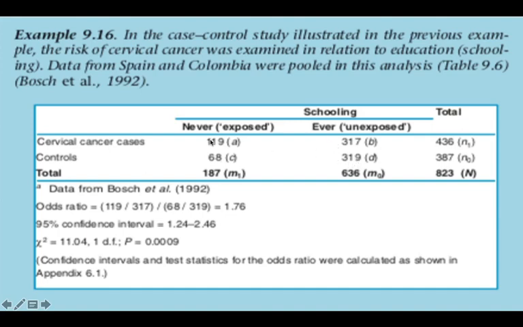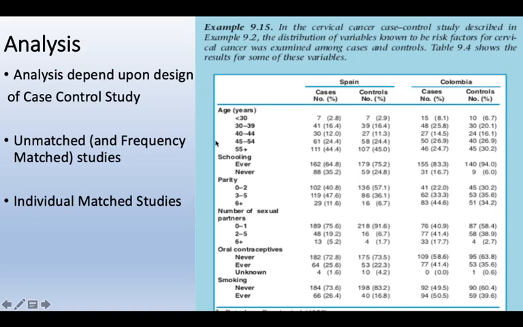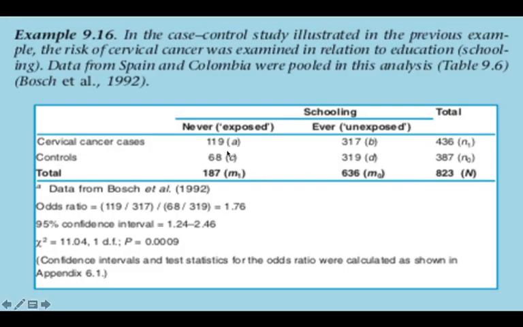So I am combining the cervical cancer cases. For the never term, if we look back, it says 88 plus 31, that is the value of 119. Never 119 is derived from the summation of Spanish and Colombian cervical cancer cases.